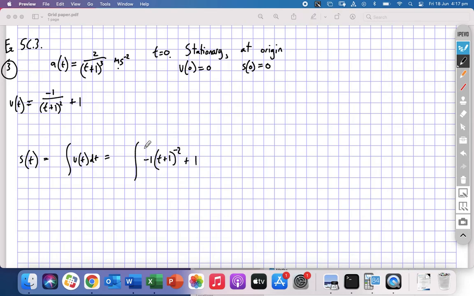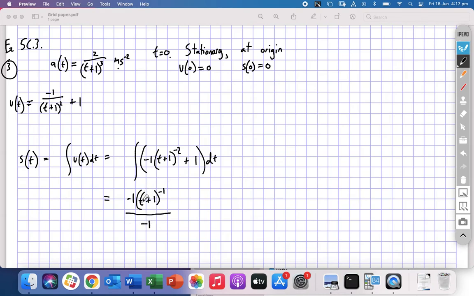And I've got a plus 1. The whole thing needs to be integrated, hence the brackets. So the antiderivative will look like this. We need to add 1 to the power, so (t plus 1) to the minus 1. We'll keep this constant even though we're about to get a negative divided by negative, because the next step is to divide by the new power.